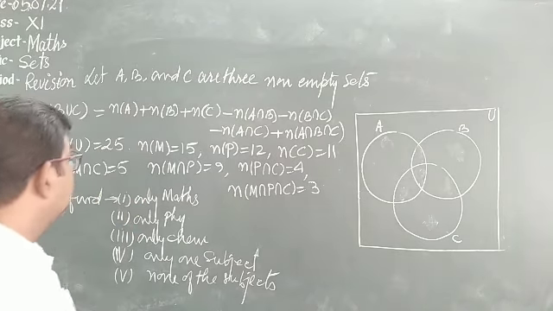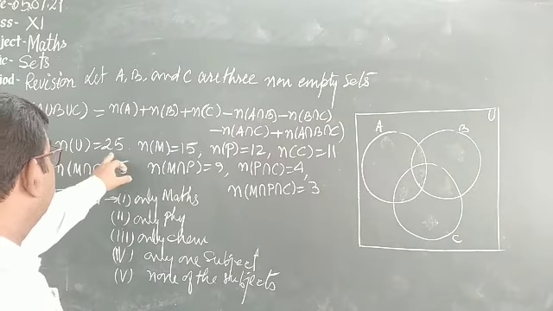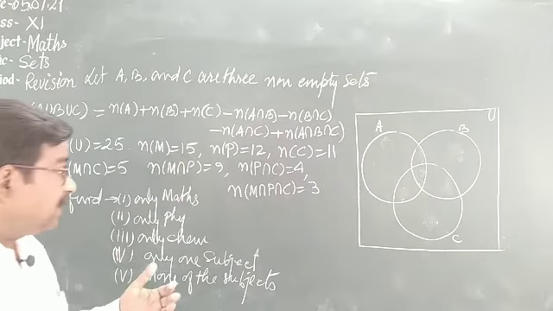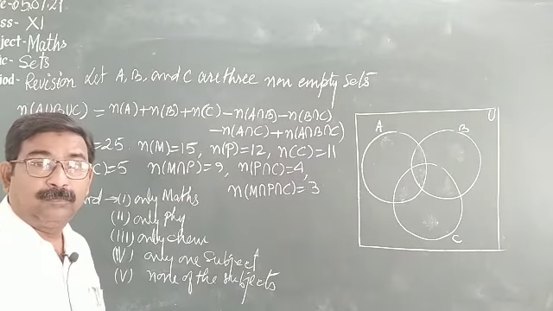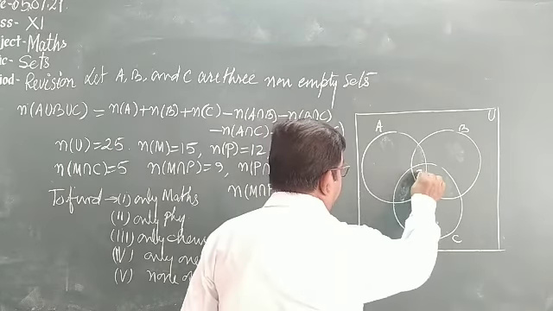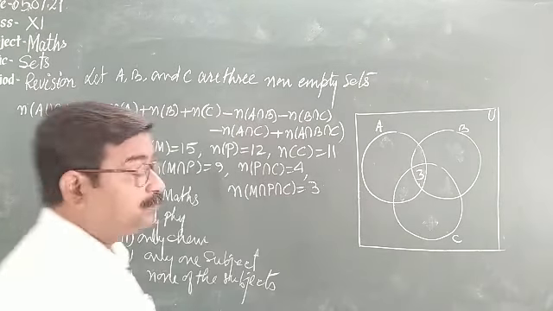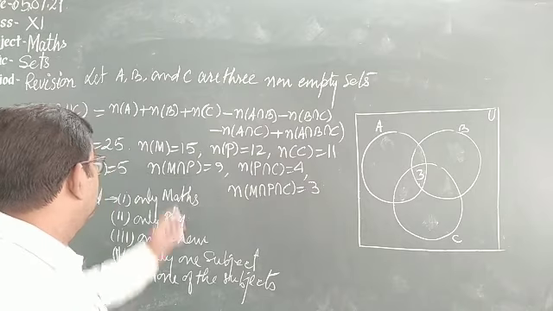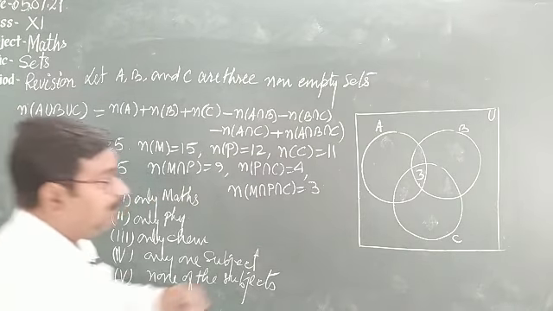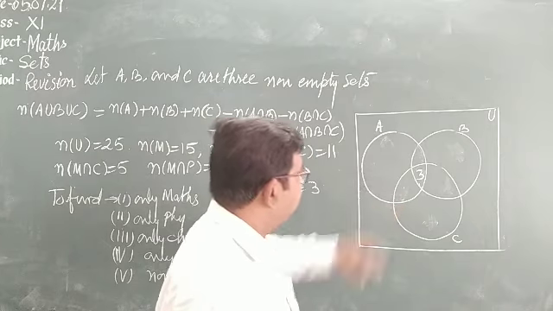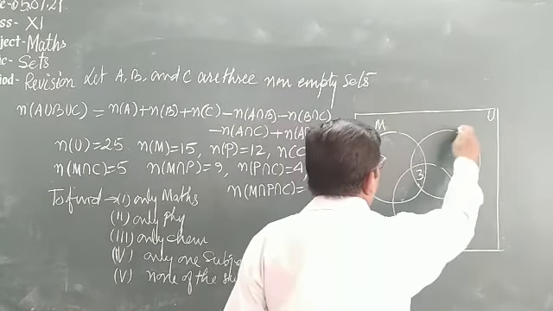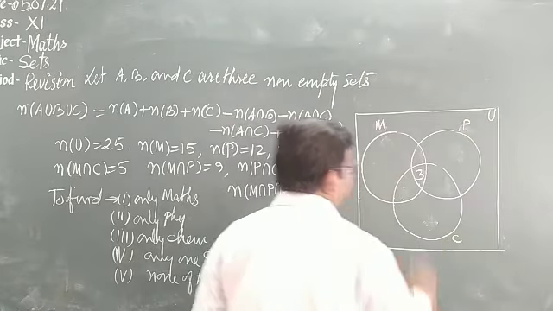See, we are given a total of 25. We shall start from the common one, common in all 3 students, which is 3. Now common in math and chemistry is 5. I am writing, this one is math, this one physics, and this one is chemistry.